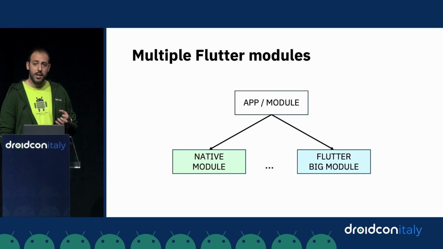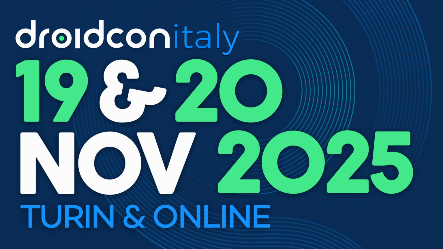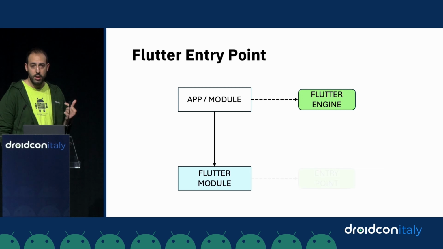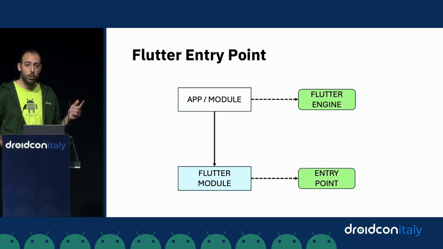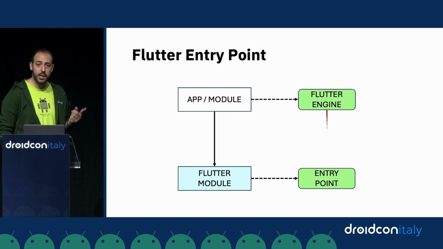We can create a Flutter big module, a wrapper module, and we embed all the Flutter modules in there. In this case, Flutter A and B. So we have another approach, which is just like the route, but is another anchor. It's called entry point. So Flutter Engine will retrieve the entry point.